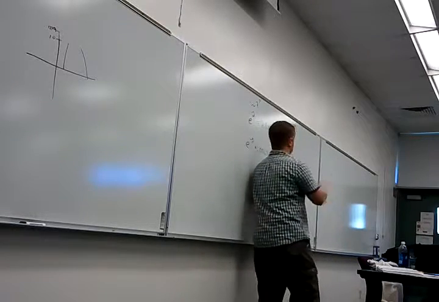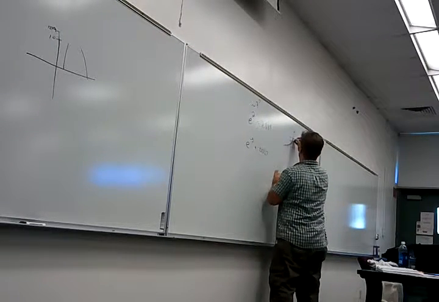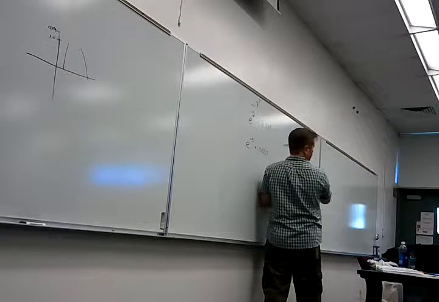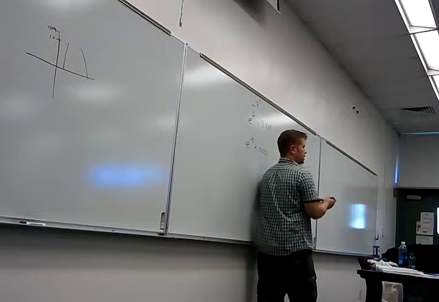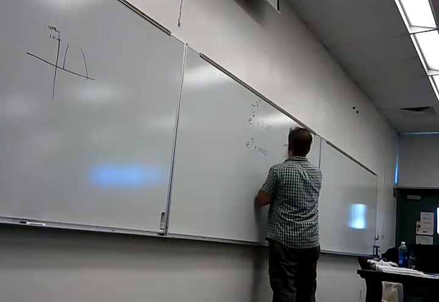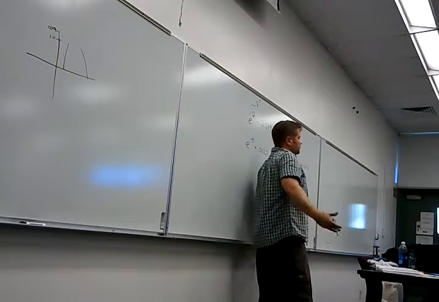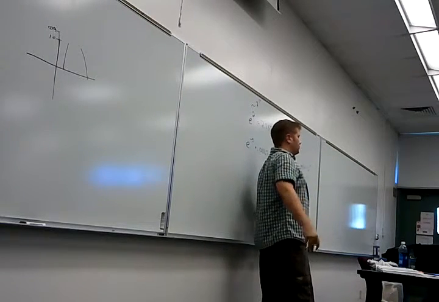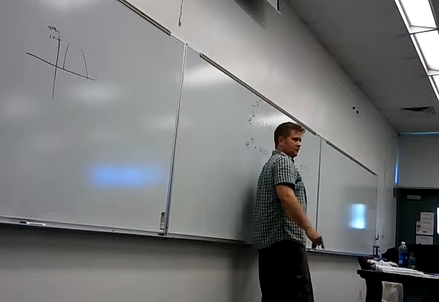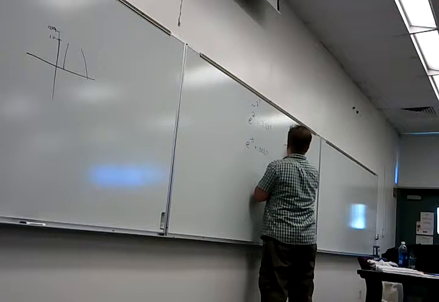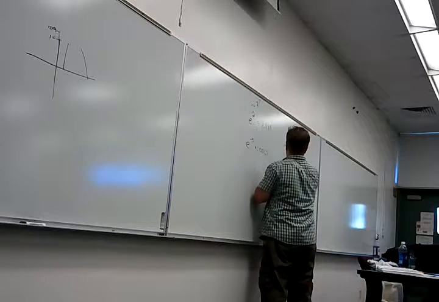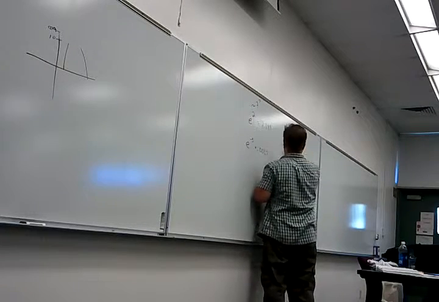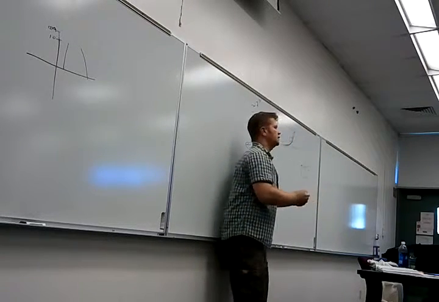E to the first power is going to be about 2.7. E to the 0 power, what's e to the 0 power? 1. And e to the negative 1, it's almost 1/3 in a way, right? You with me? So it's going to be right between those points, but that's e to the x. It lives right in between 2 to the x and 3 to the x.